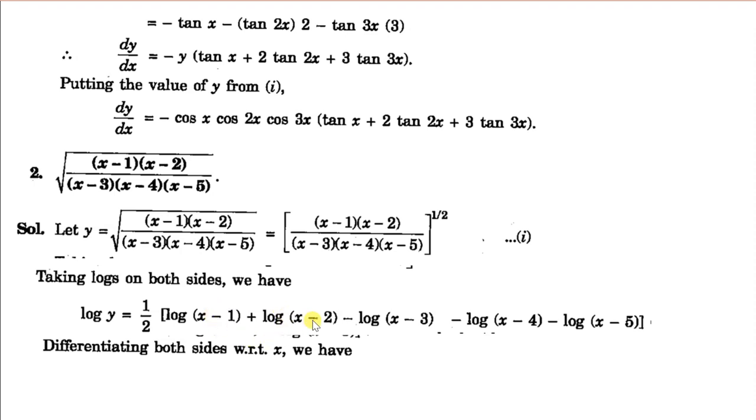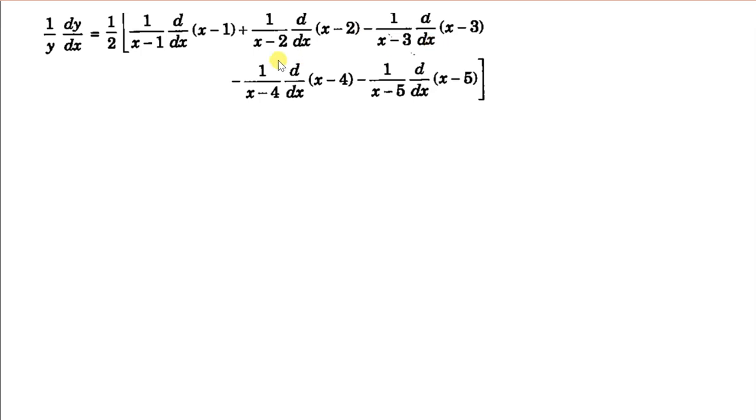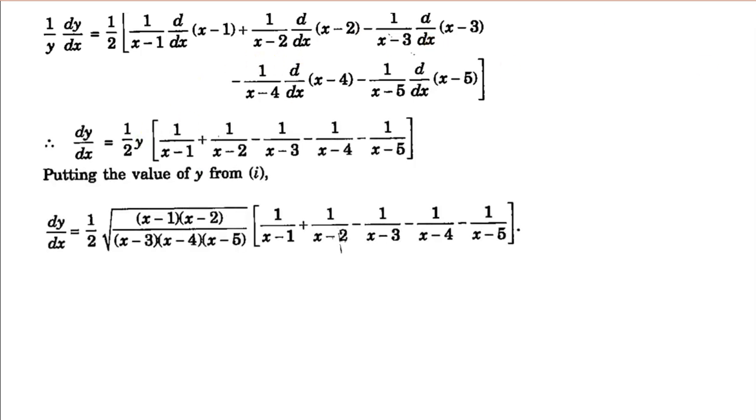Similarly here also differentiation of log x minus 2 is 1 upon x minus 2, because differentiation of log x is 1 by x, and then multiply with differentiation of x minus 2. Similarly in the other terms. So we get differentiation of x minus 1 is 1.